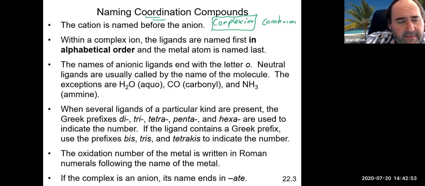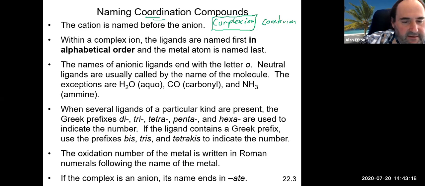Then the name of the metal should always come at the end of the complex ion name. That does not mean it will always come at the end of the actual name, but it should come at the end of the complex ion part of the name.